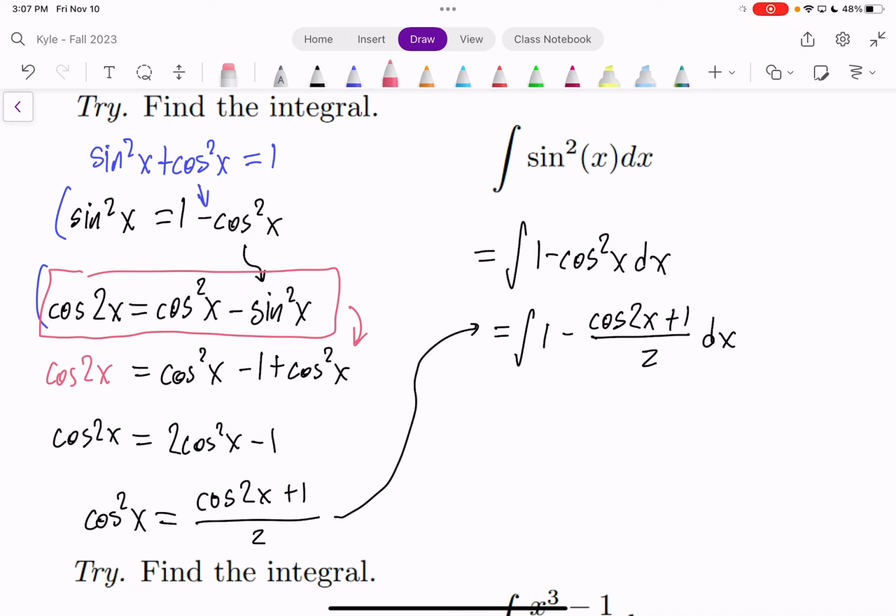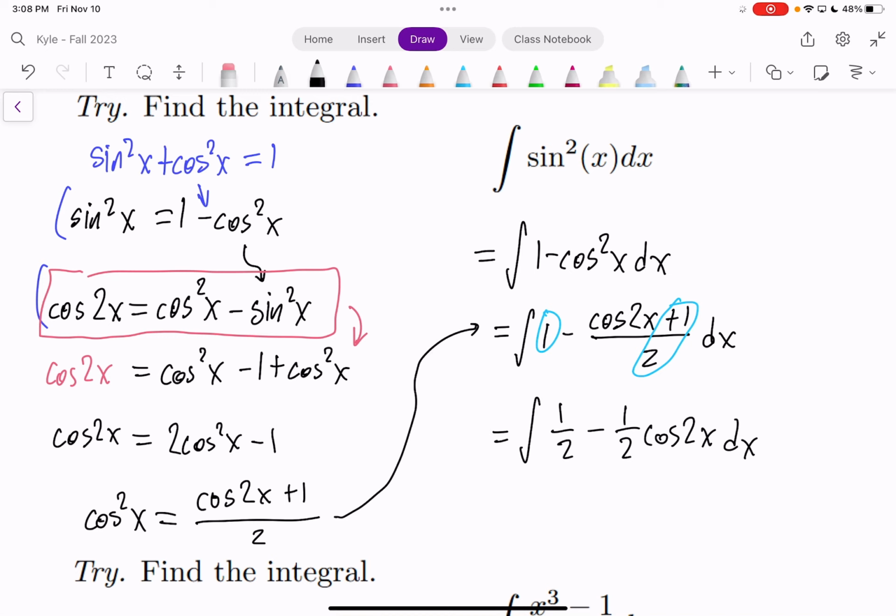From here, we'll break up this integral into two integrals. Actually, sorry, I'm going to do one more thing. This 1 and this negative 1/2, I'm going to cancel those. So we'll get 1/2 minus 1/2 cos of 2x dx.